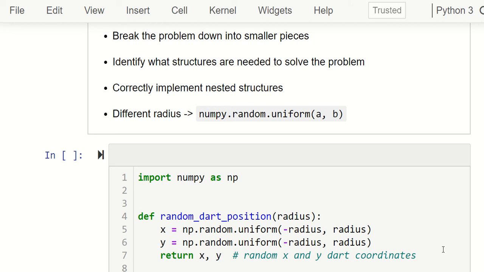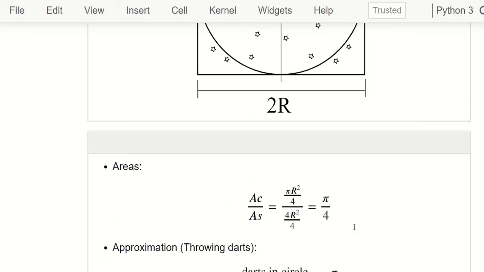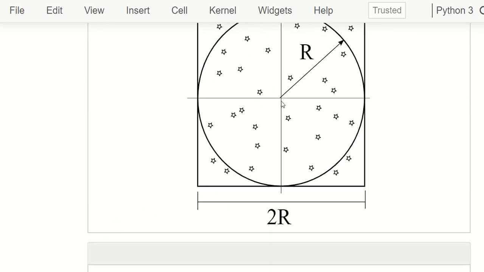But if we look at the way that he's using the function, we see that he's specifying minus radius to radius, which implies that he considers the origin right here in the middle of the circle. But it could equally well have worked if you considered the origin here, and for that matter, any other point.